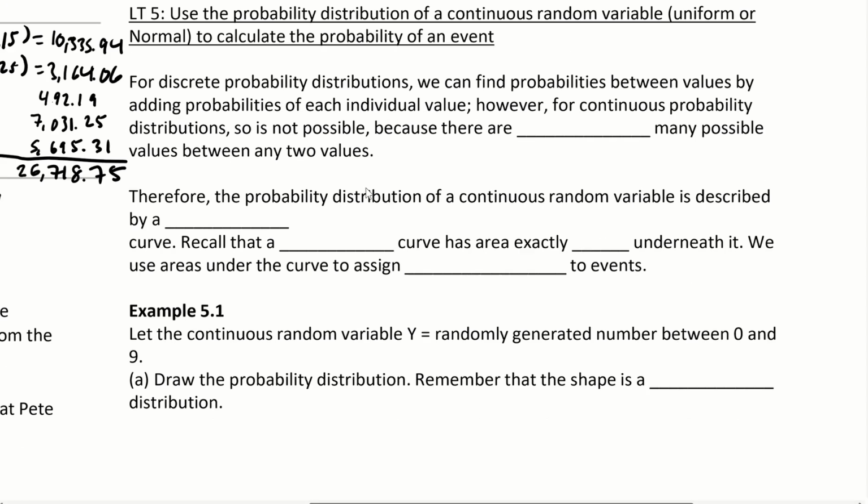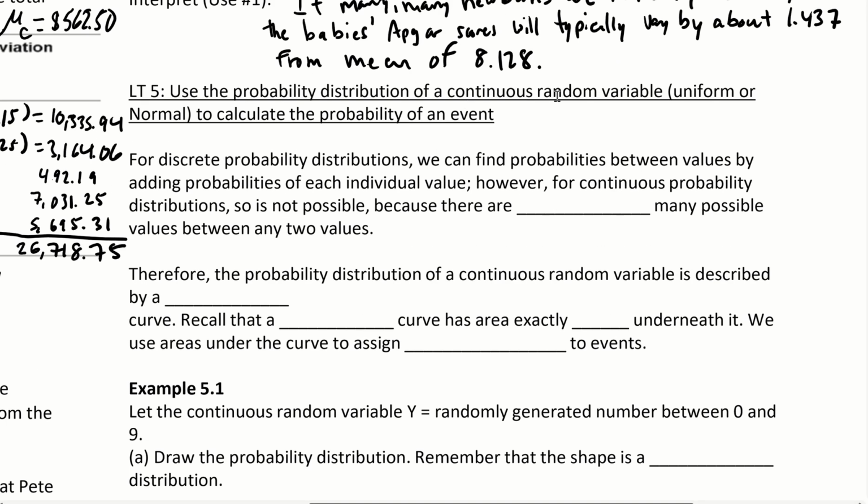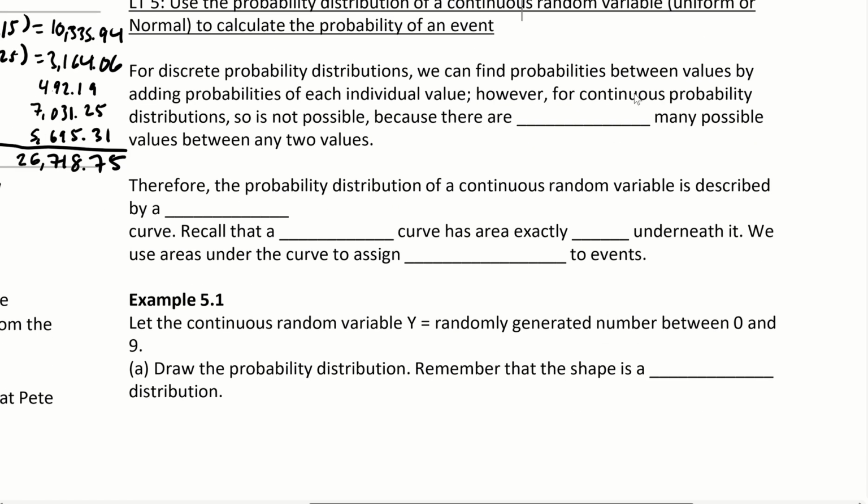All right, so learning target number 5, use the probability distribution of a continuous random variable, uniform or normal, to calculate the probability of an event. For discrete probability distributions, we can find probabilities between values by adding probabilities of each individual value.